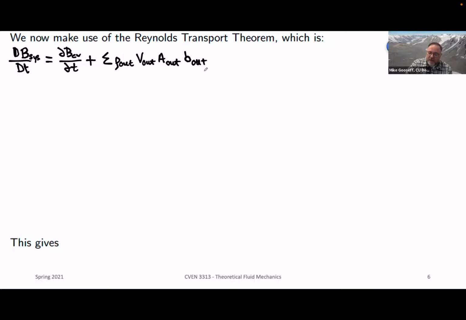But anyway, that could be heat or whatever, or it could be momentum. All right, so that's what we're applying here. Minus the sum for all of the inflowing of the same property. So rho in, the sum of all of the mass fluxes in, so rho in, V in, A in, and then we multiply by little b in as well, right? So again, this could be little b, could be mass, it could be momentum, it could be acceleration, etc.